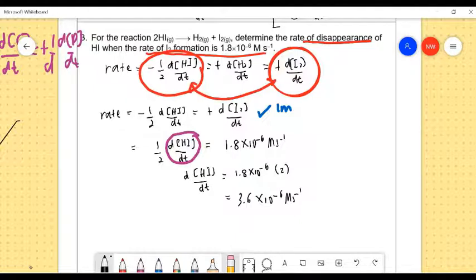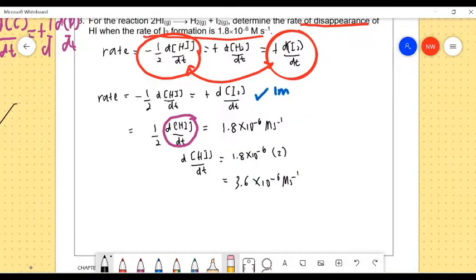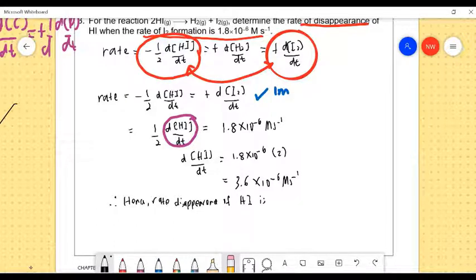Okey, belum habis lagi. So, tulis final statement. Hence, rate of disappearance of HI is 3.6 kali 10^-6 M s^-1.